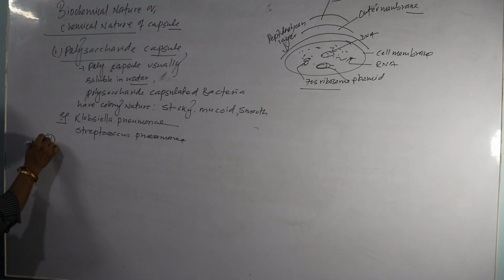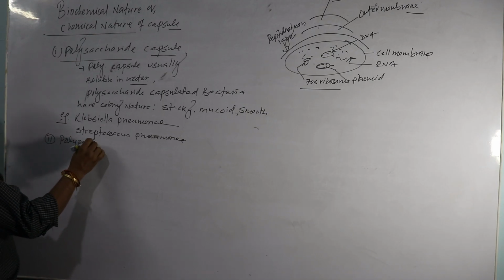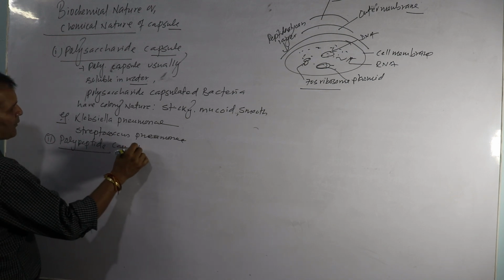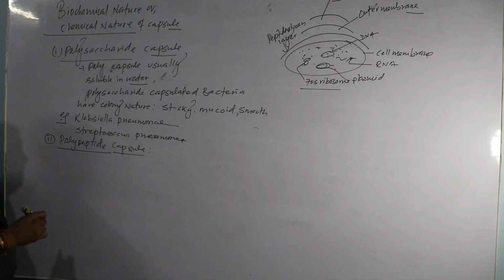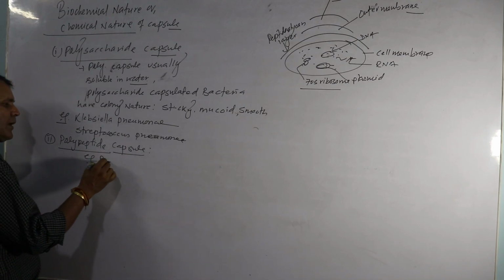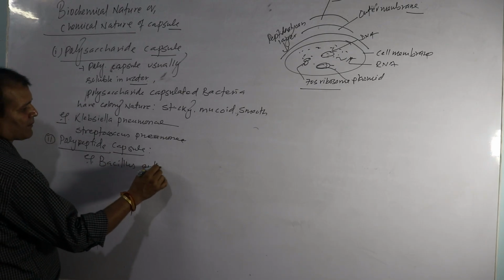The second one is the polypeptide capsule. It means that the capsule is protein in nature. For example, Bacillus anthracis.